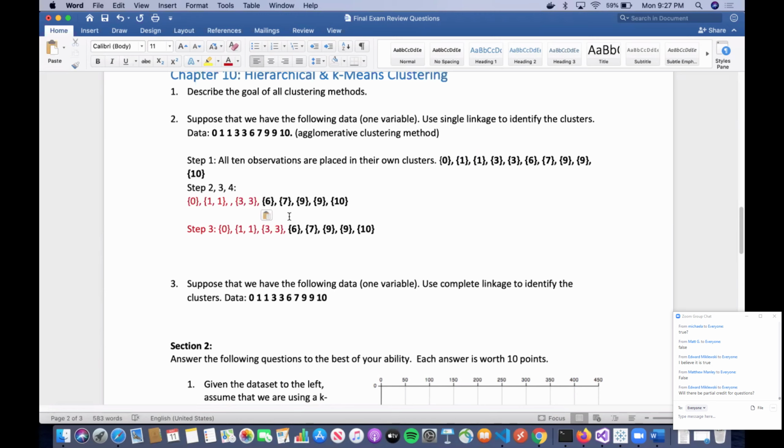That's step 3, and then step 4, we group those together. So you guys have the idea now, right?